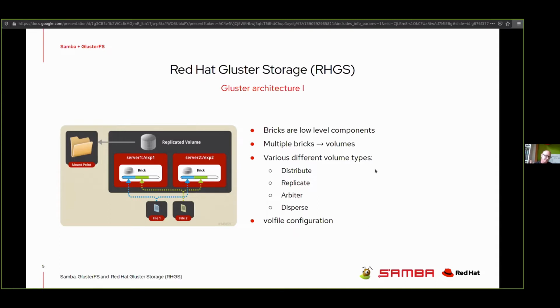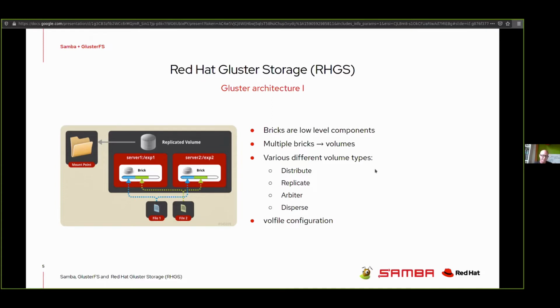Of course, there's not only one type of volume. There are many, including distribution and replication algorithms. There are arbiter volumes, dispersed volumes using erasure coding, so that you can keep your data sets a little bit lower than the overall requirement of data size. So it's a very flexible and very feature-rich way of grouping your data and exporting it over these volumes.